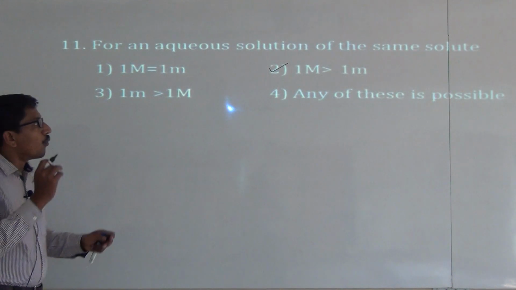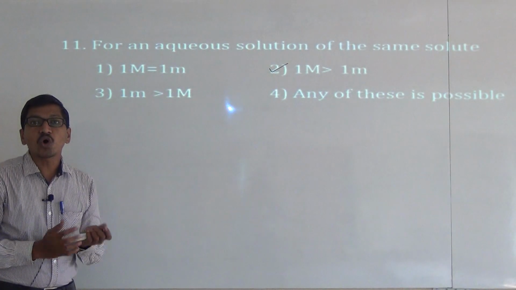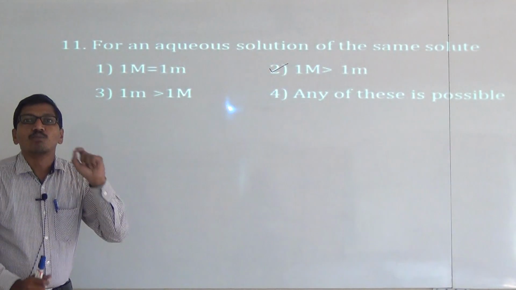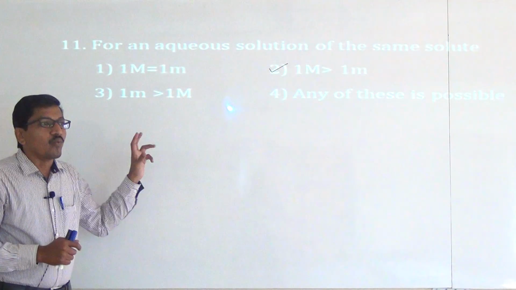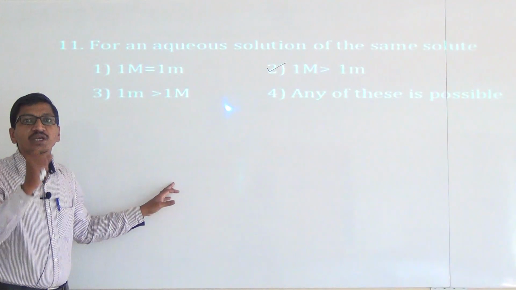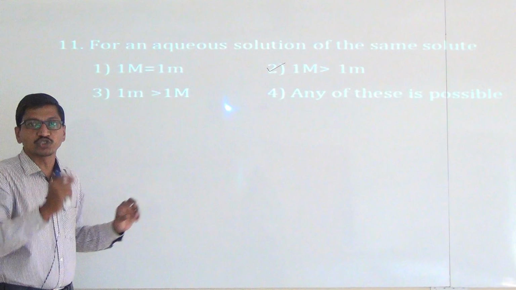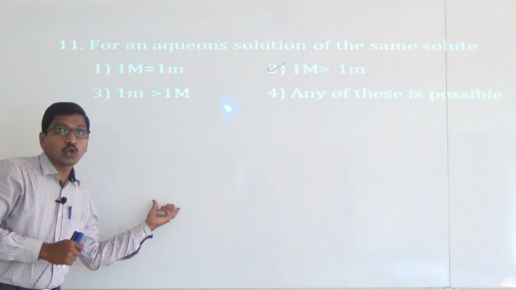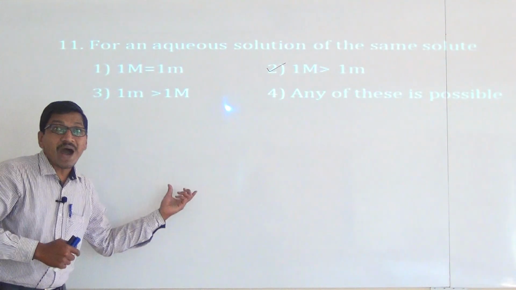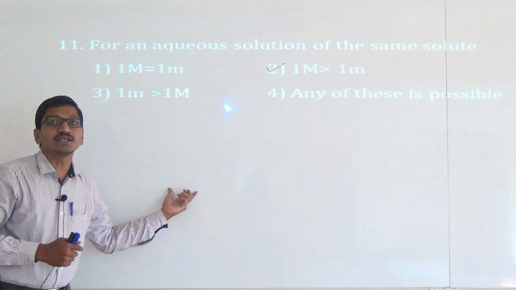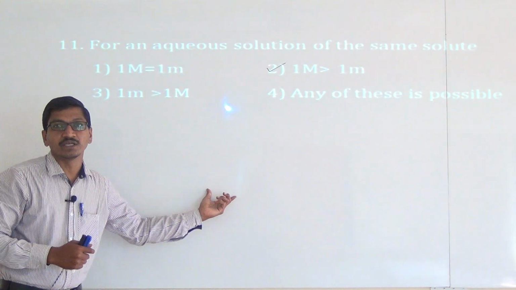because 1 molar aqueous solution contains 1 mole of solute in 1 liter of the solution, which includes both solute as well as solvent. So the mass of the solvent like water is less than 1000 grams or 1 kg.